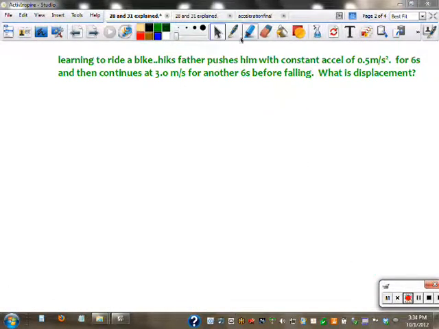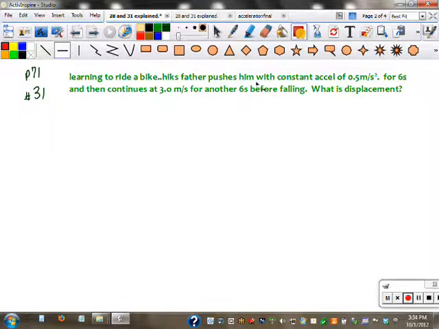Okay, the next part is page 71, number 31. Learning to ride a bike, this person's father pushes him with a constant acceleration for 6 seconds. Then continues, so let's underline that, first portion of info.